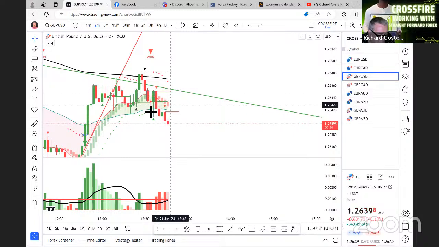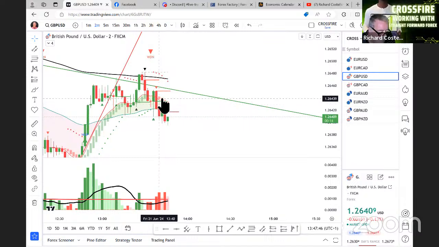So what we're waiting for is for this red moving average to cross over the green moving average, in which case the cloud will become a red cloud rather than a green cloud. We've already got the red wave blocks pushing price down, indicating downward momentum. We've already got a wave down. We've already got red pieces pushing price down.